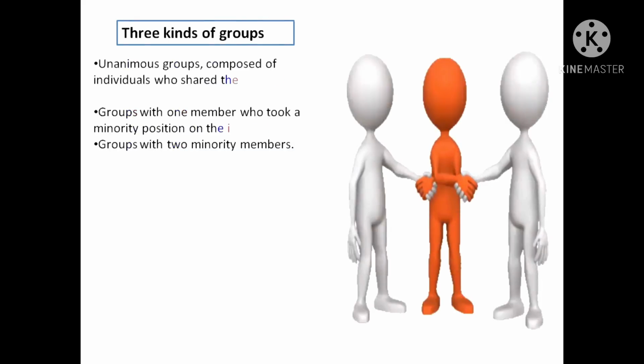First is unanimous groups composed of individuals who share the same initial preference. Second is groups with one member who took a minority position on the issue. And last is the group with two minority members. Participants in these three conditions were given the opportunity to select and review background readings which either supported or opposed their initial preferences. A fourth set of participants made these choices as individuals.